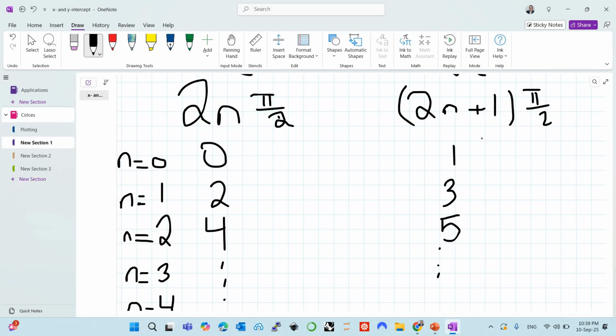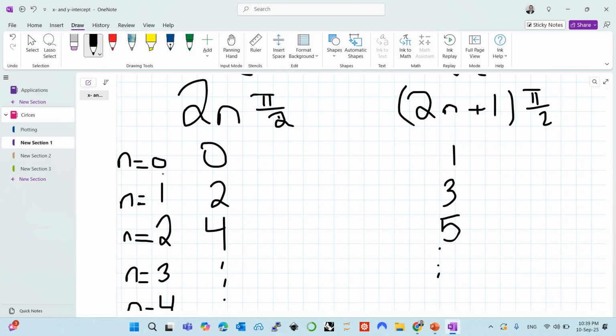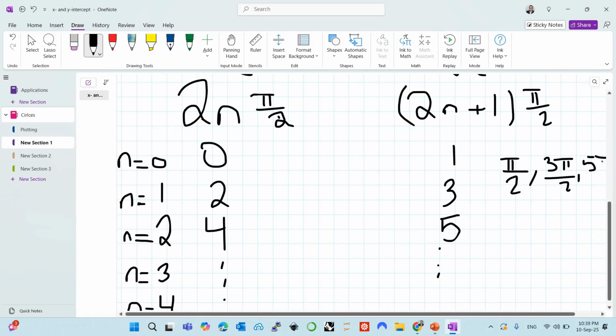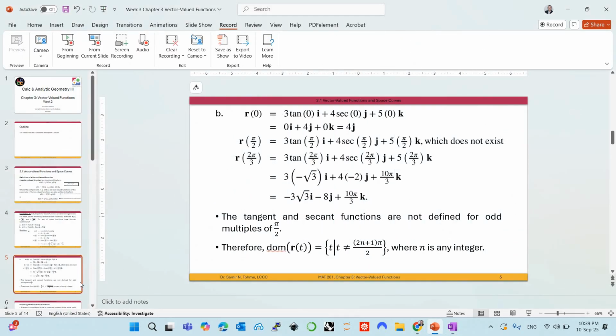When using 2n plus 1, this will result in odd numbers, for all values of n, which are integer numbers like 0, 1, 2, 3, 4, 5, 6, etc. So for all values of n, replacing them in here, you're gonna get the odd multiples like pi over 2, 3 pi over 2, 5 pi over 2, etc. So all these numbers are undefined and do not exist in the domain of this vector function.